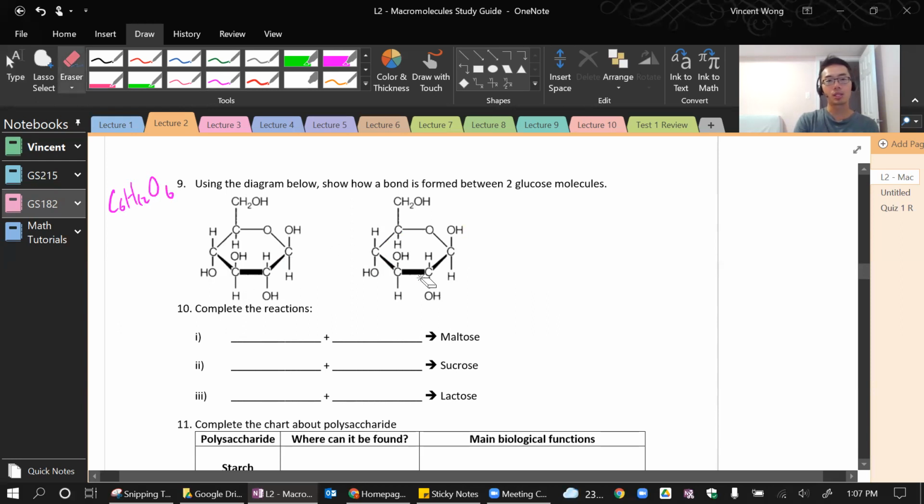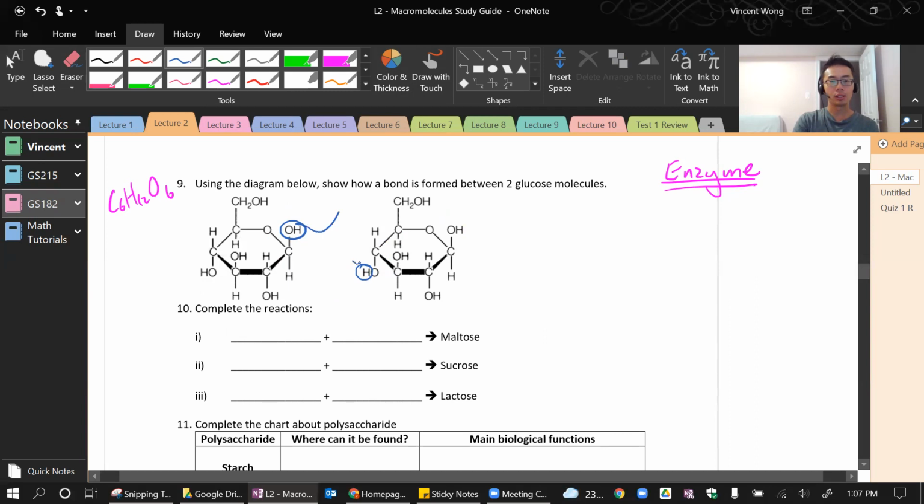So I have two glucose here. And if you want to connect them, you will need to have an enzyme, right? An enzyme is something that will speed up or catalyze a chemical reaction in the body. So what the enzyme will do is remove an OH from one glucose, and then remove an H from the other glucose.